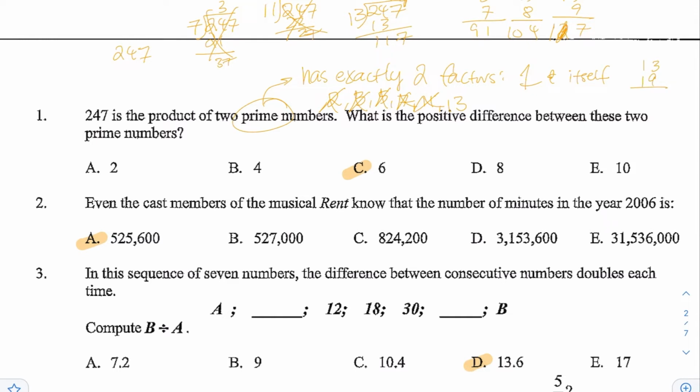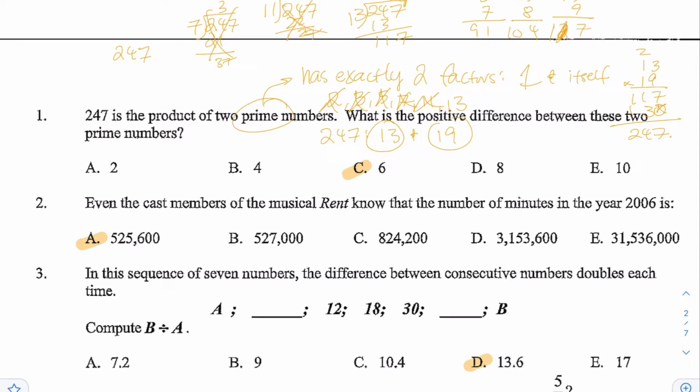And when you multiply 13 times 19 to double check, you get 247, so everything checks out. So the two numbers are 13 and 19.